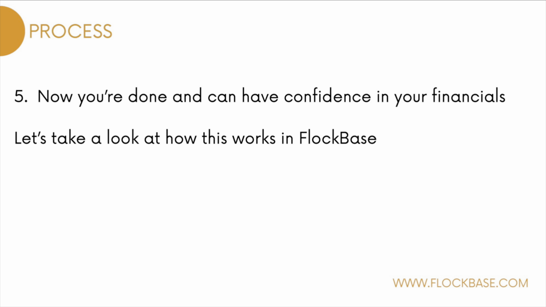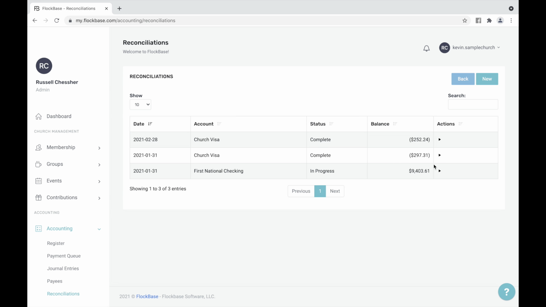So here's how this works in FlockBase. I have already done almost all of a bank reconciliation, and this is all sample data. It's fabricated, and I know that because I'm the one who created it. But inside FlockBase, I'm going to click on Accounting, Reconciliations, and I'm going to go to this one on the third row that says it's in progress.